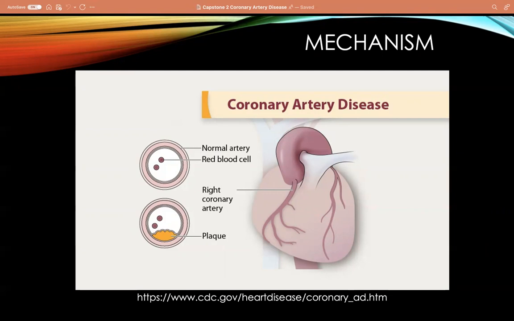Smooth muscle cells then form a layer over the buildup of cholesterol and white blood cells, like a cap to try and contain it from migrating to other areas in the bloodstream. The plaque will continue to accumulate with this cap on top of it, leading to the narrowing and hardening of the artery. This can lead to blood clots from the plaque breaking off, or eventual blockage due to blood not being able to flow through properly.